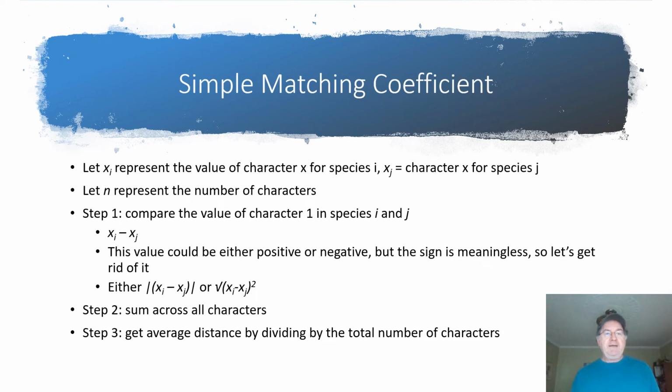Then you do that for every character for those two species. Get the average difference in character states between species i and species j by taking the sum of the differences and dividing it by the total number of characters.